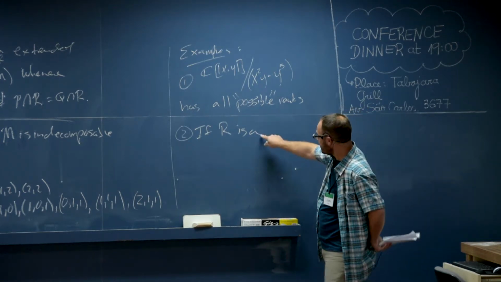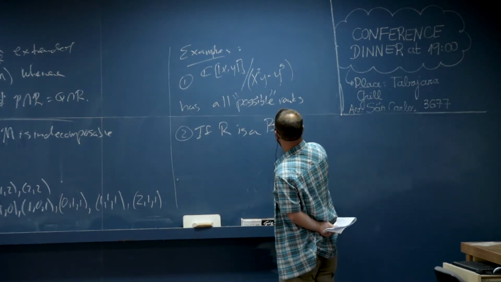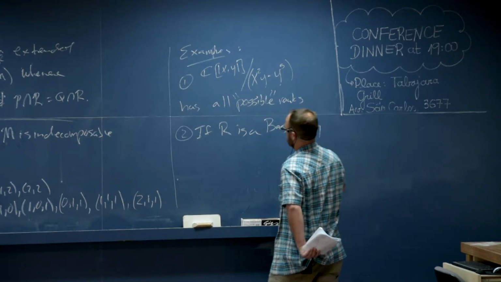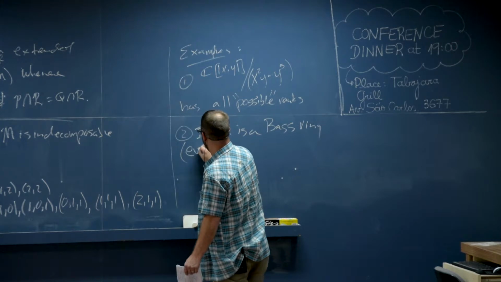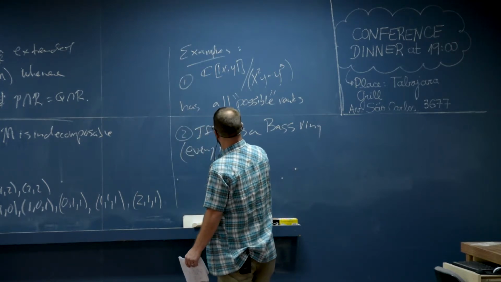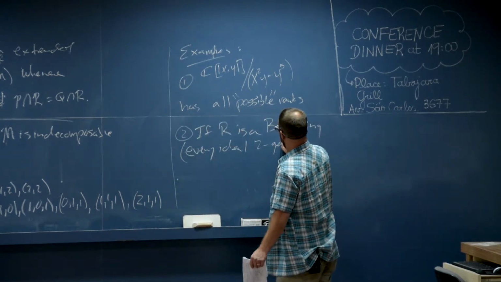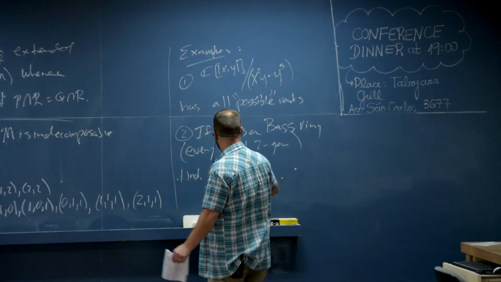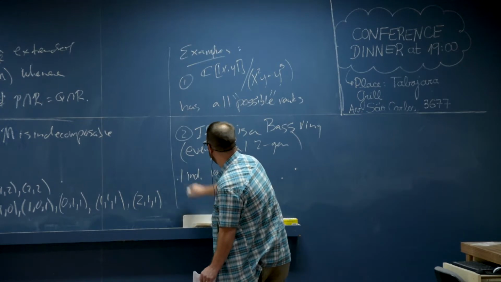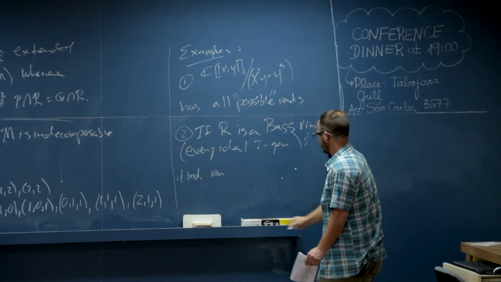Right. If R is a Bass ring, which I'll talk more about in a little bit, so that's just every ideal 2 generated, then you have 1 indecomposable of rank, well, let me say more, and 2 minimal primes.